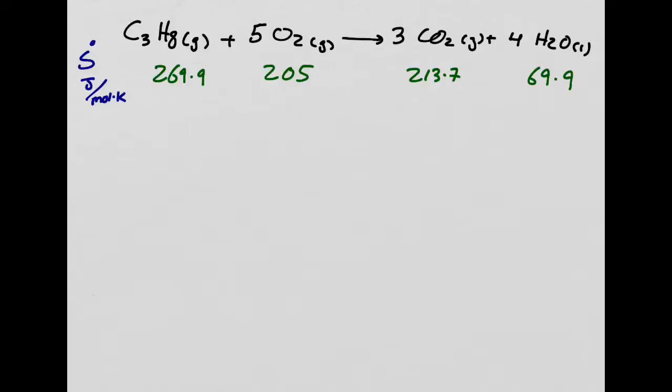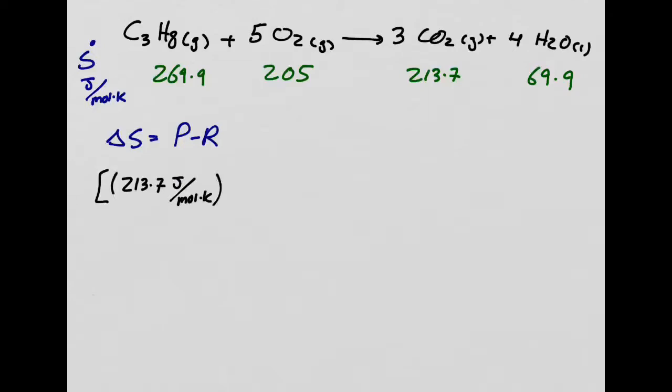All right. Now what I want to do is find the delta S of this reaction. You remember how we figured the delta H of the reaction? It was product minus reactant using delta H of formation. The delta S is exactly the same thing. Product minus reactant. You can even pause me and do this and then check your answer. So I have the carbon dioxide at 213.7 joules per mole Kelvin.